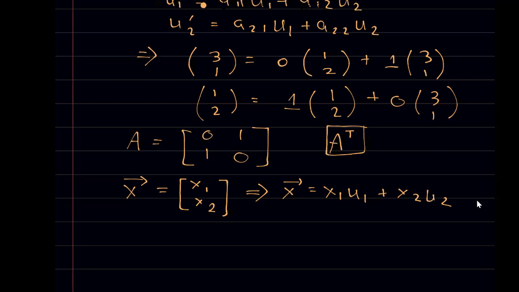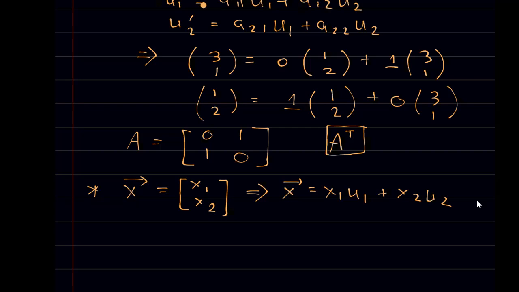Remember that the coordinates of a vector X depend on how you are writing it in terms of a basis. So here the basis is u1 and u2, hence the coordinates are x1 and x2. The same vector X, if written in another basis, will have different coordinates.